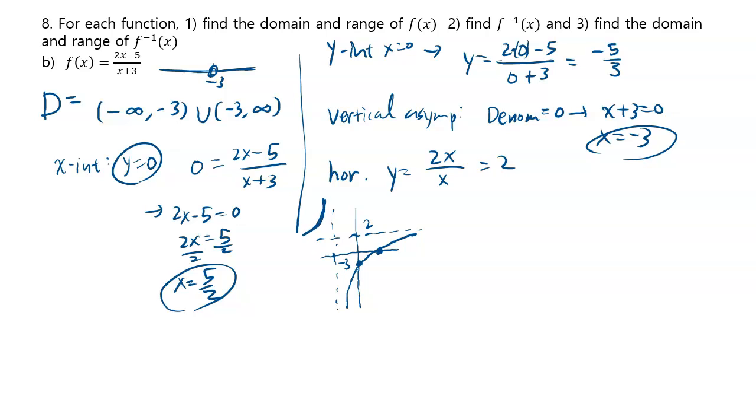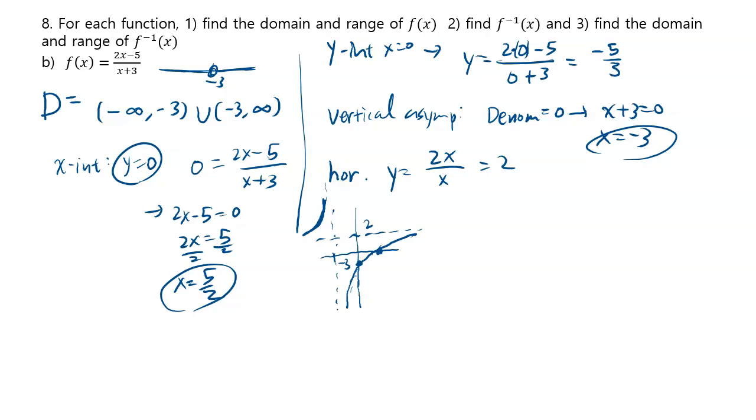Now, according to this, the height of the graph can go down, down, down as much as you want, and it can go up, up, up as much as you want. But there is one place where this height does not reach, which is exactly 2, because if you have a first order polynomial over first order polynomial, the graphs can never pass through the asymptotes. That's just a property if you have a linear polynomial divided by a linear polynomial.